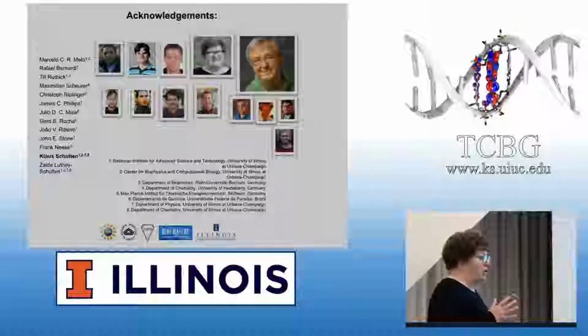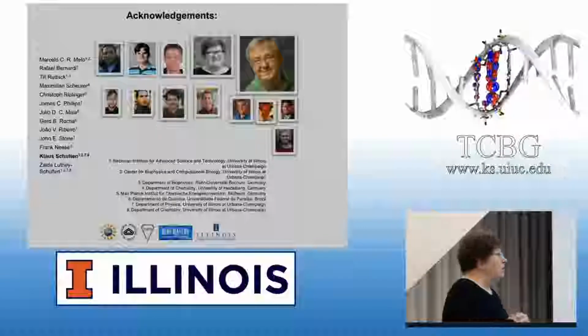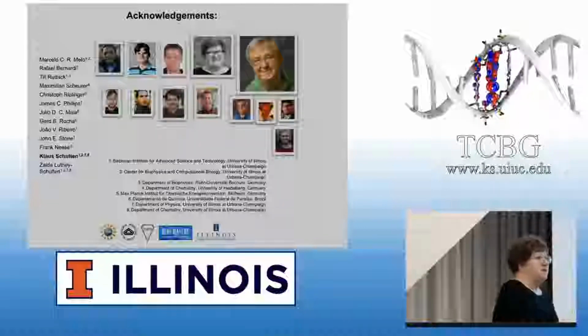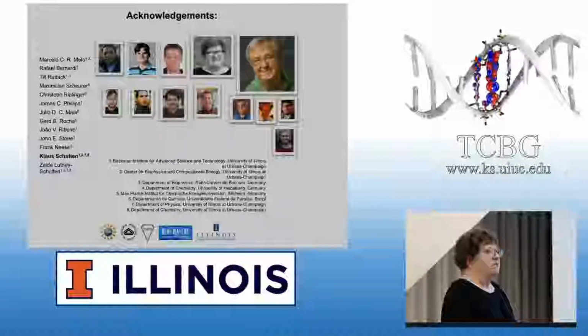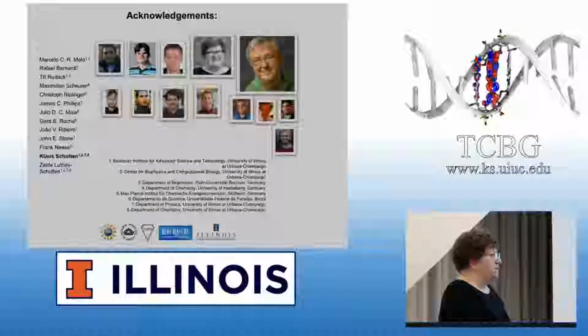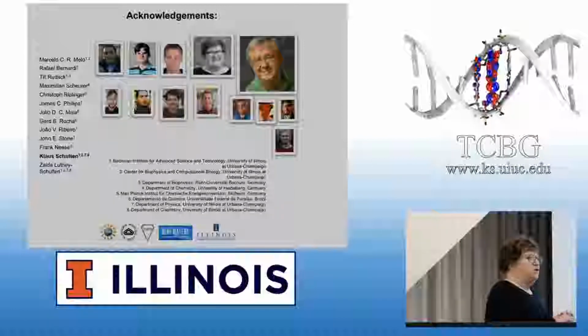So he was in charge of all the semi-empirical work. And then the picture next to him is Frank Neese. He's at the Max Planck in Germany, and his lab has developed ORCA. That we have these two extreme packages is a very important thing.